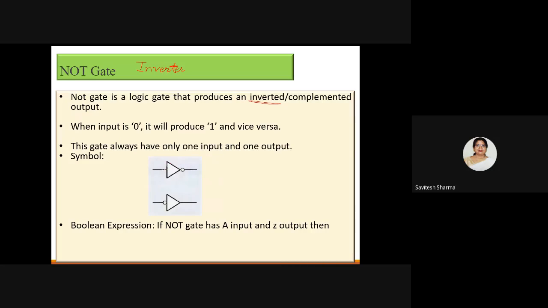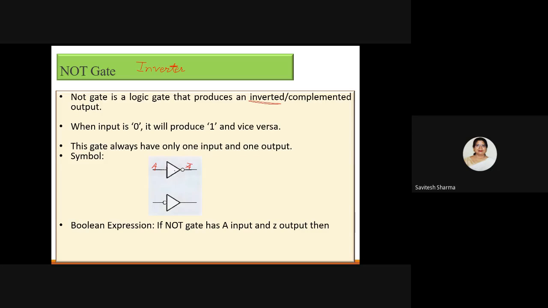What is the symbol of the NOT gate? The symbol of the NOT gate is a triangle and one bubble. This bubble shows the nature of complement, the nature of inversion. If you apply input A, after complementing you will get A bar.